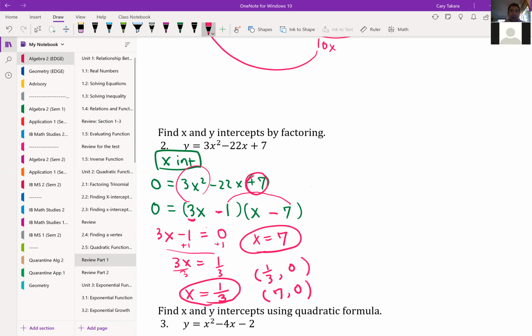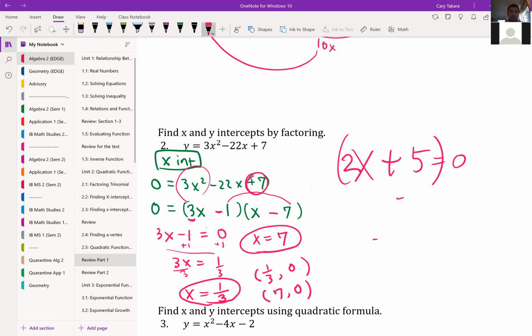If it is just x plus 5, then you know that the solution is going to be -5. It's just the opposite number, right? However, if you have, let's say, 2x plus 5, then you have to set it equal to 0 and solve it.